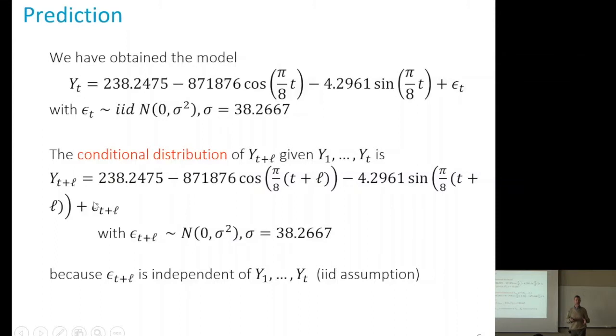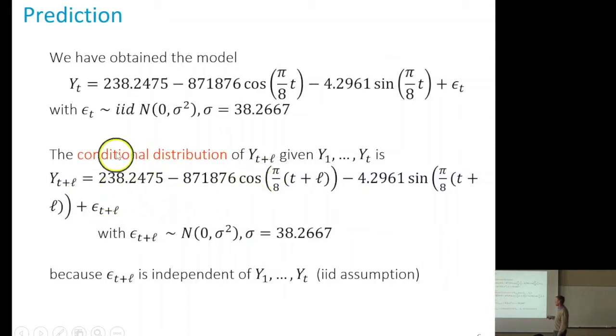I'm saying y_{t+L} is a big constant, this one here, plus a random epsilon_{t+L}. Now the question is, what is the conditional distribution of this, conditional on everything up to time t? Having observed everything up to time t, what can I say about this expression?